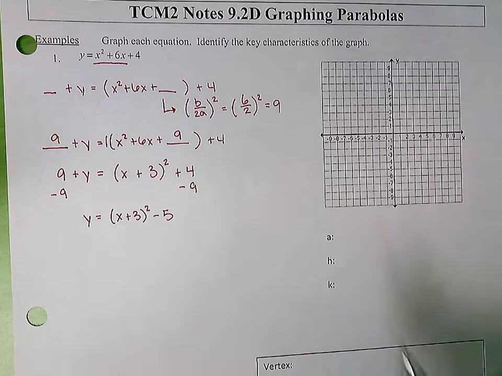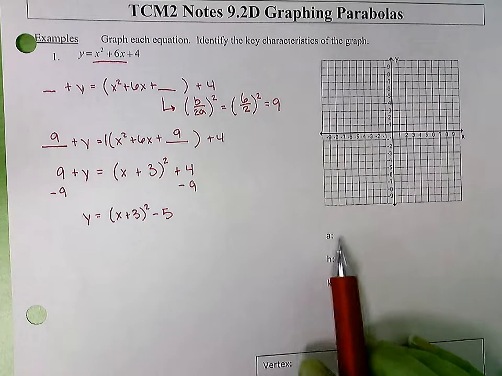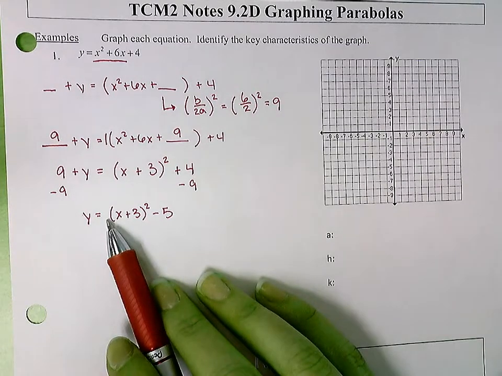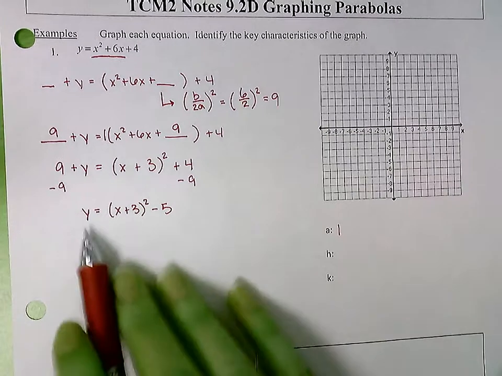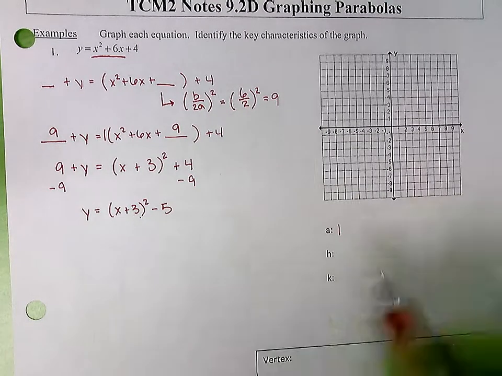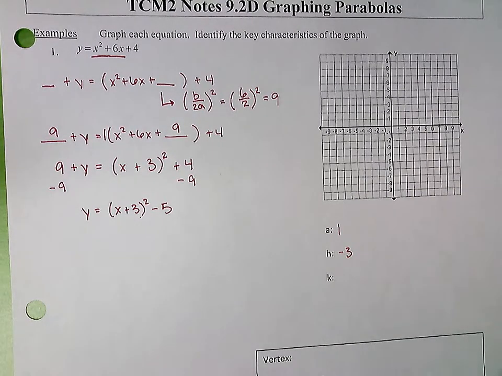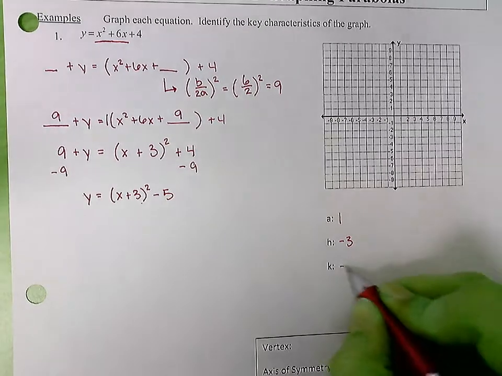That means I'm going to find A, H, and K. A is out front. That's just 1. H for this form is on the inside. It'll be negative 3. And then K will be negative 5.